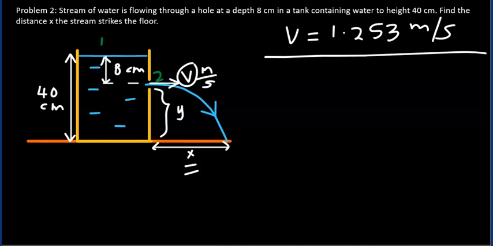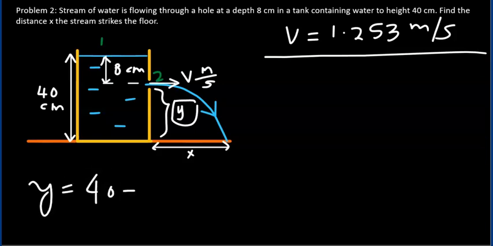Note that the stream of water will travel the horizontal distance x in the same time as it would travel the vertical distance y. So let's determine the time the water stream takes to travel the vertical distance y. Now we know what y is. y is quite simply 40 minus 8, which is 32 centimeters.